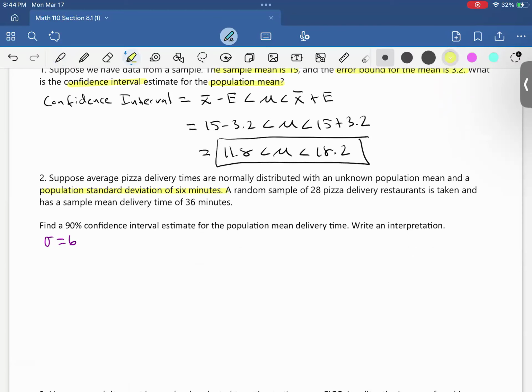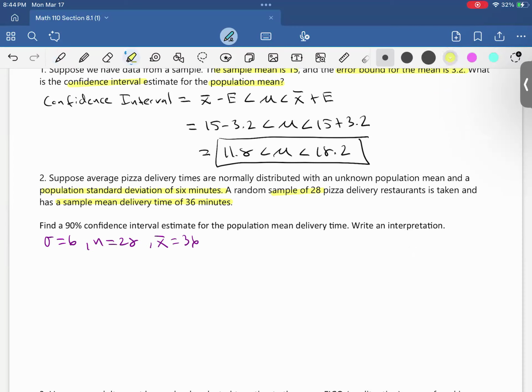And then we have a random sample of 28 pizza delivery restaurants. So that means our sample size is 28. And that we have a sample mean delivery time of 36 minutes. So X bar equals 36.